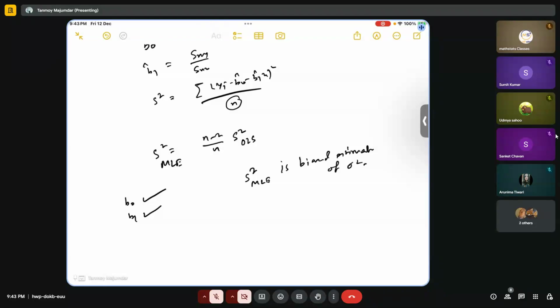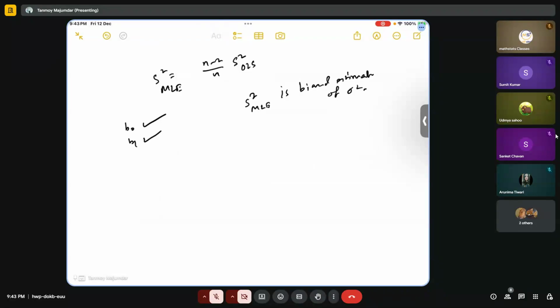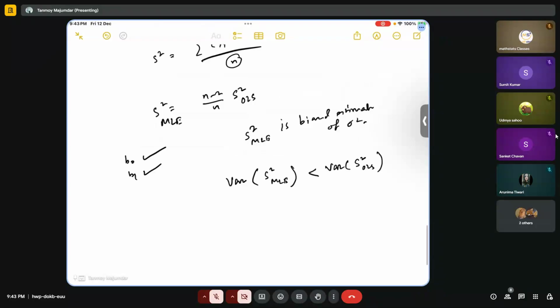Of course it is asymptotically unbiased, obviously, when n tends to infinity. The variance of S square MLE will be less than the variance of S square OLS, because we are dividing by n, so obviously the variance will be lower. That thing we can keep in mind.